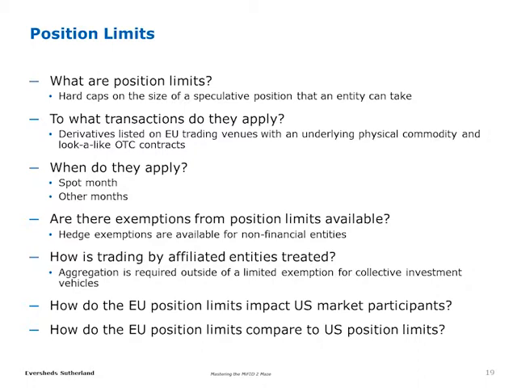In terms of limits themselves, ESMA, which is the European Securities and Markets Authority, sets the calculation methodology for the establishment of position limits, but each of the member states has to actually submit their proposed limits to ESMA for approval. And they do have some discretion there, some flexibility.